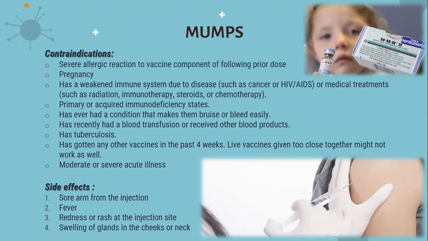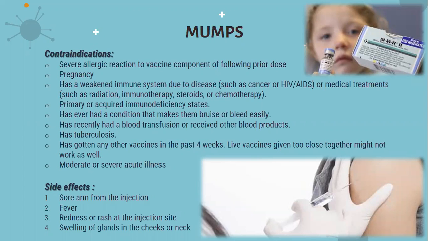Has weakened immune system due to disease such as cancer or HIV/AIDS, or medical treatments such as radiation, immunotherapy, steroids, or chemotherapy. So, syempre, yung mga taong may immunodeficiency or weakened immune system, and yung mga nag-undergo ng medical treatment, hindi sila pwedeng mag-vaccine.